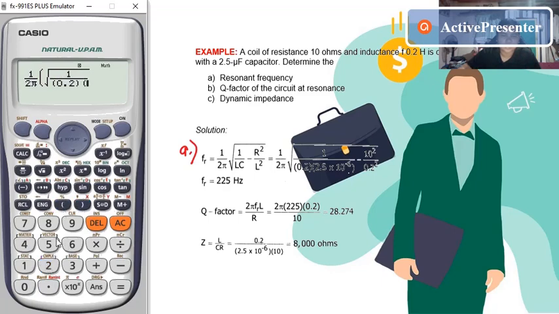And our C capacitance is 2.5 raised to negative 6 since micro minus R 10 squared over L squared, which is 0.2 squared.